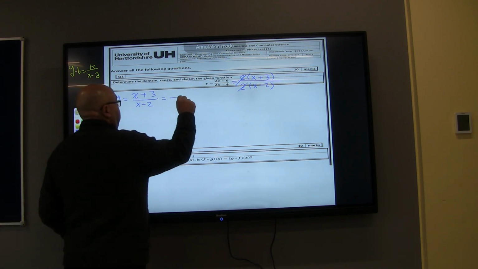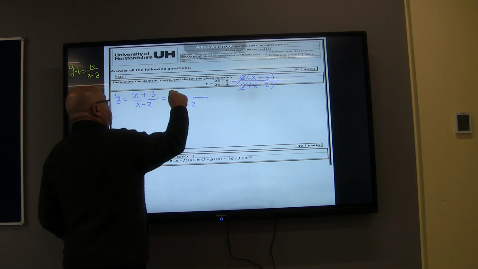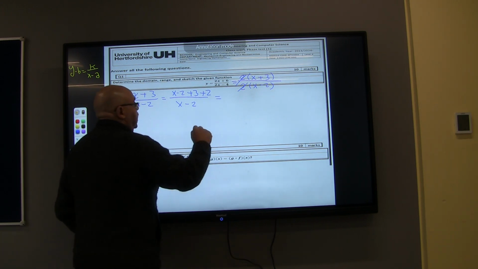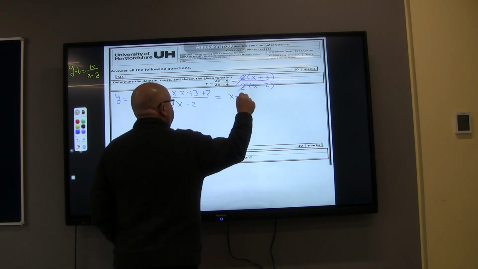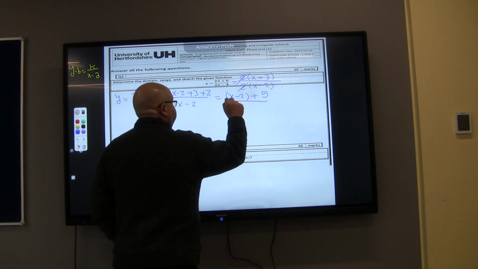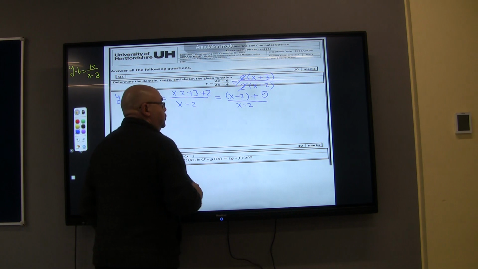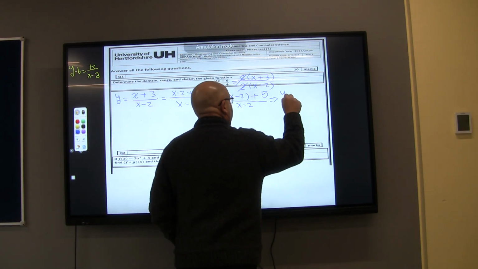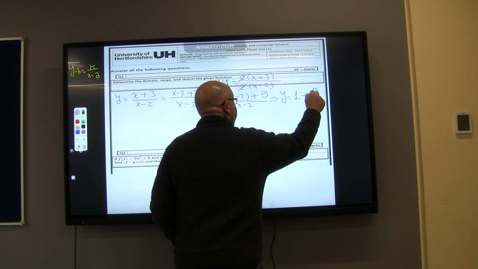First, I will write it this way: x minus 2 plus 3, then plus 2, and this will deliver the form (x minus 2 plus 5) divided by (x minus 2), and simply this is going to be y, which equals 1 plus 5 divided by x minus 2.